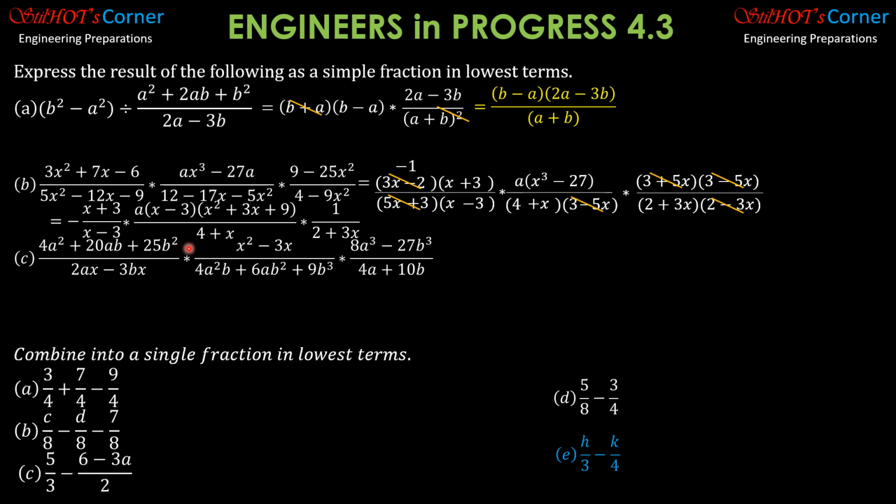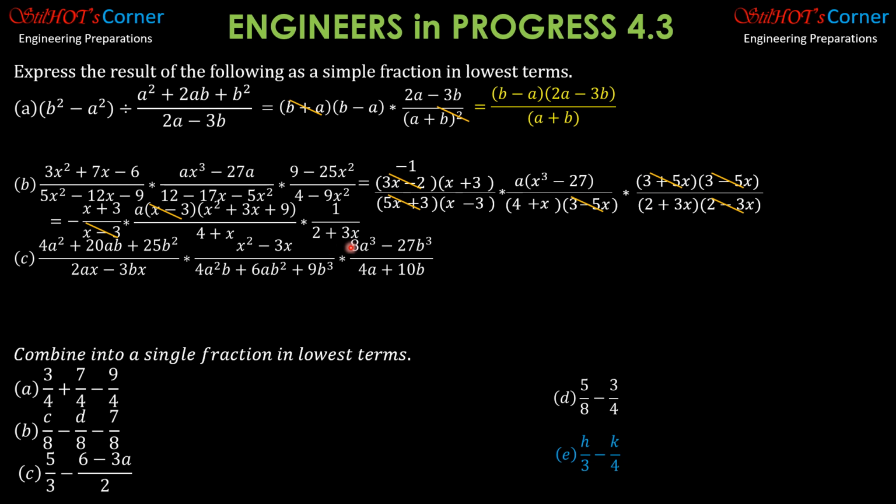So we can cancel x minus 3 only here, and there are no more common factors in the numerator and the denominator that can be cancelled out. So therefore the final answer is negative of a times quantity x plus 3, quantity x squared plus 3x plus 9, divided by, instead of 4 plus x, let's make this x plus 4. Instead of 2 plus 3x, let's make it 3x plus 2.